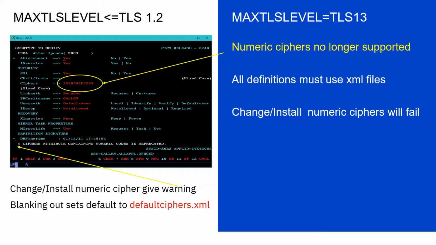When you upgrade to TLS level 1.3, the numeric ciphers are no longer supported. There are no 2-digit ciphers that work with TLS 1.3. So all definitions must use XML files that contain at least one TLS 1.3 cipher in it. If you try and install a 1.2 cipher, the numeric ciphers, the installation will fail.